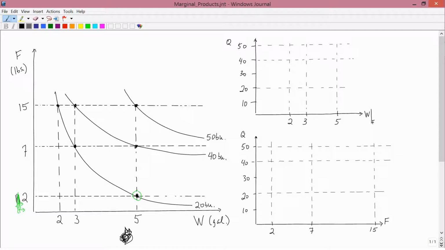So when water is 5 gallons, which in the upper right graph is here, I can produce 20 bushels of corn, when fertilizer is fixed at 2 pounds.